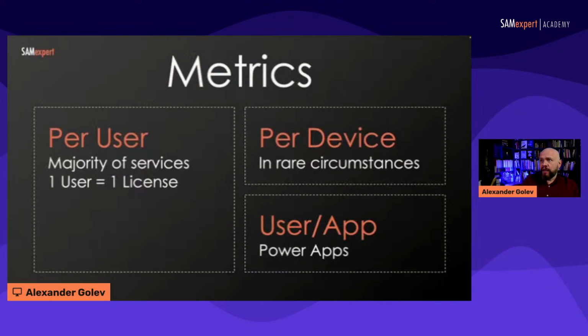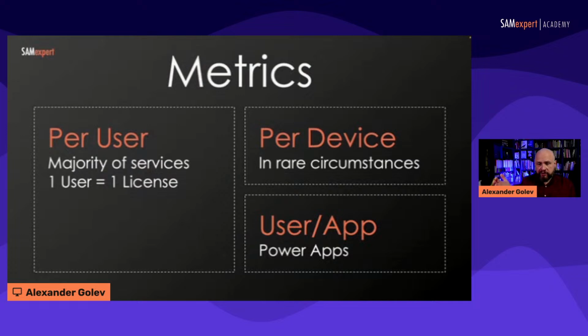So how these products are licensed. There are various metrics, but the majority of Microsoft 365 and online services are licensed per user. It's a subscription license that is supposed to be assigned normally, unless there are exceptional circumstances, to persons.